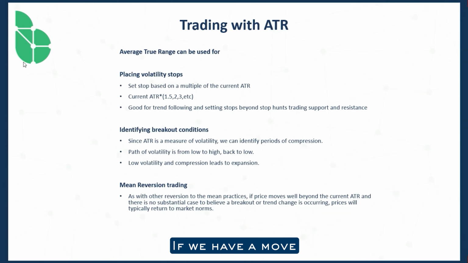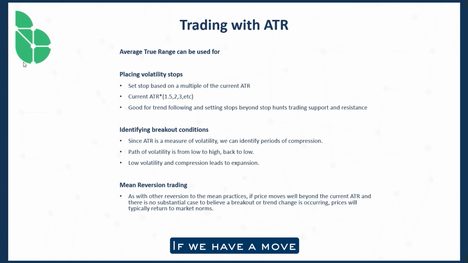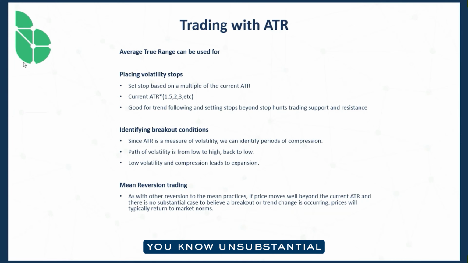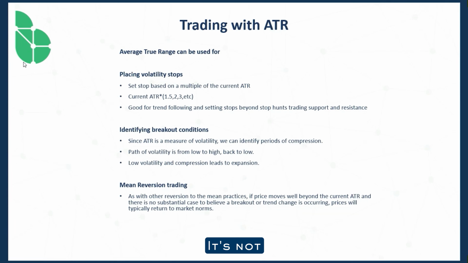If we have a move where there's no basis for it, there's no current trend, we're in a ranging environment and price is pretty choppy, and the move is, let's say, 2 times the current ATR on insubstantial volume, there's no real reason to assume it is a potential breakout. It's just volatility and noise, and there's no reason to associate meaning with it.